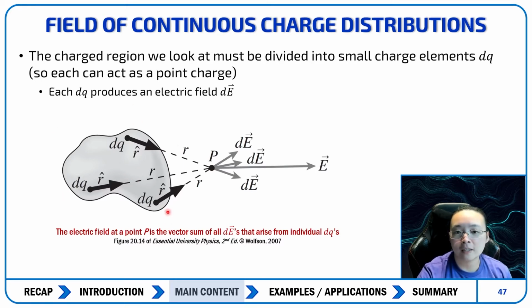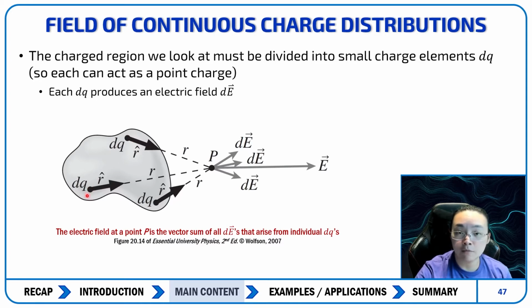But this object is made up of many different point charges. So you can break up this object into many tiny little pieces called dq. So each small piece holds a small charge. So I call this like a baby charge. So at this point, you have some sort of mini volume holding a mini charge of dq.